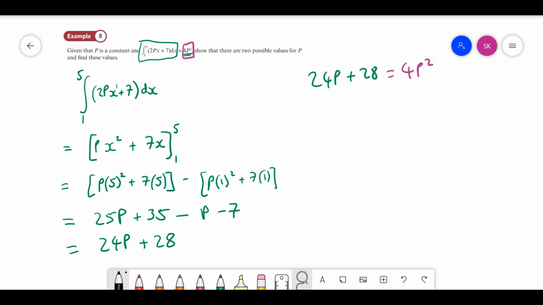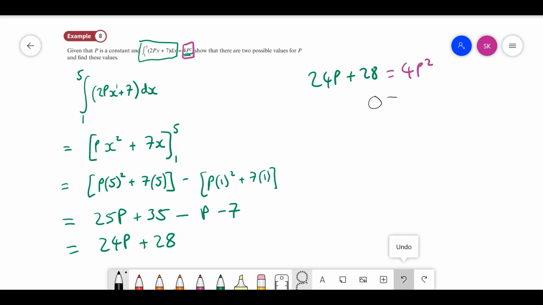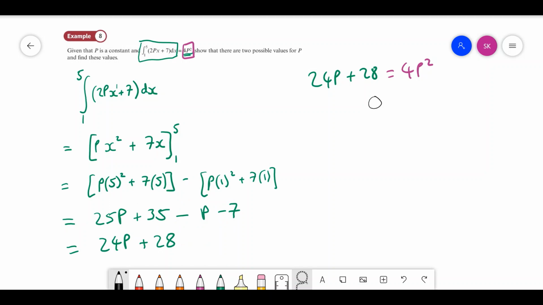So let's move it all on one side. I'm going to take away both the 24p and the 28 from both sides, giving me 4p squared minus 24p minus 28. I'm going to divide everything by 4, which gives me p squared minus 6p minus 7.